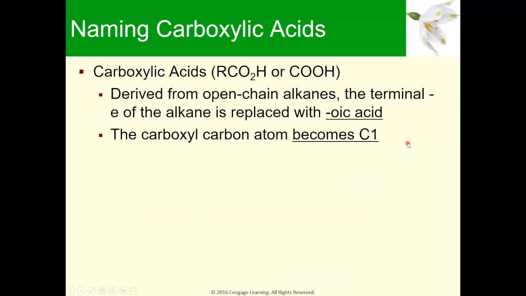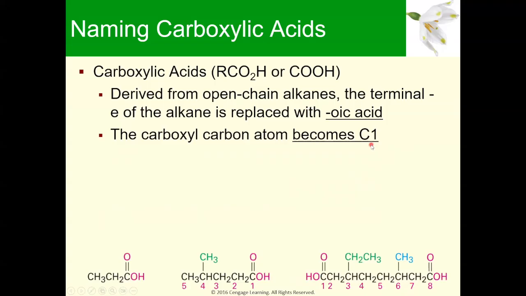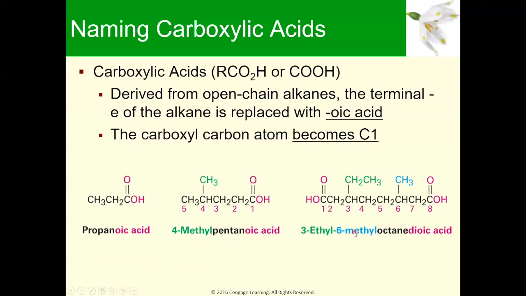And just like aldehydes, you also define what carbon number 1 is. So the carboxyl carbon atom becomes carbon number 1. Here are some examples, and they get complicated. You see this one over here on the right with the 2 carboxylic acid groups.